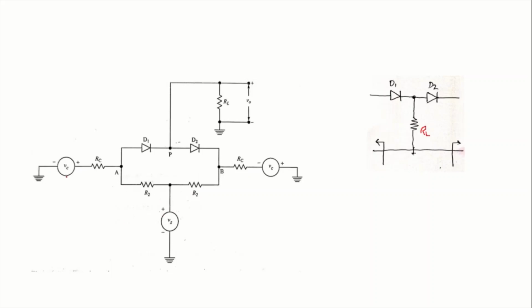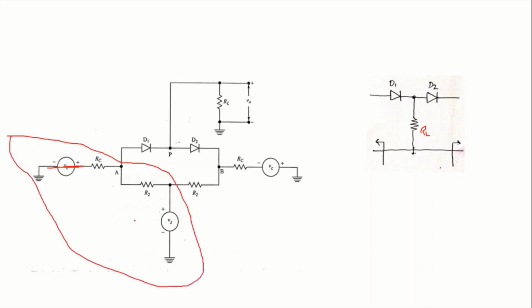Let us first take the control signal as 0 and consider only Vs. The circuit appears like this: a voltage source Vs is applied across a resistor R2 and a resistor RC towards the ground, and the voltage at node A is to be noted.